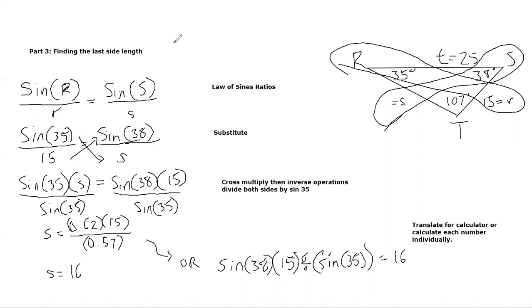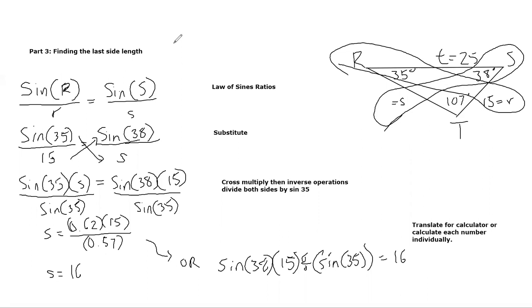Sine of R over little r is equal to sine of S over little s. Then I'm going to substitute. I'm going to cross multiply, right? Sin of R is sin of 35 divided by 15 is equal to sine of S, which we now know is 38, divided by lowercase s, which we don't know what it is.